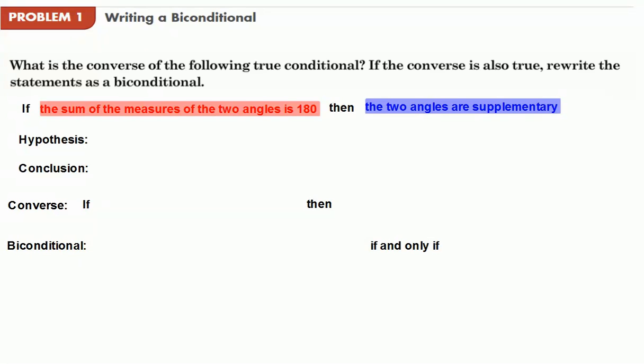Here's our conditional statement: if the sum of the measures of two angles is 180, then the angles are supplementary. The definition of supplementary is two angles that add up to 180. So this conditional, when you read the statement, is true.